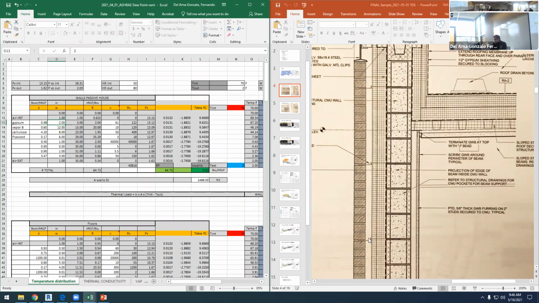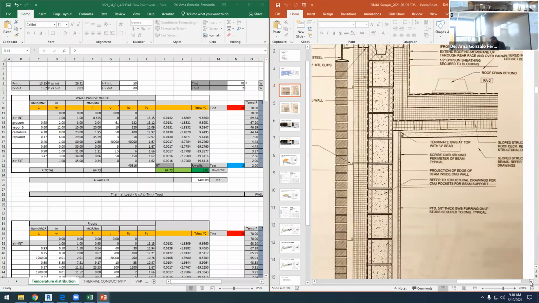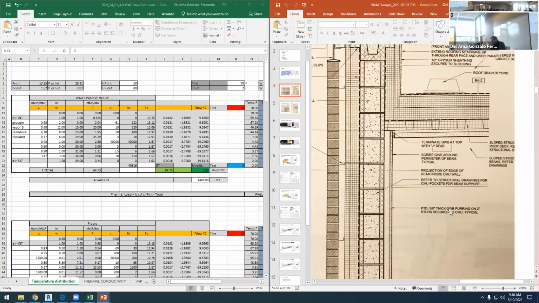What's the thickness? Apparently, this is thick gypsum wall board. GWB stands for gypsum wall board, furring on 2-inch studs secured to CMU.